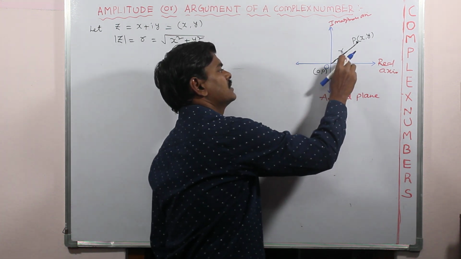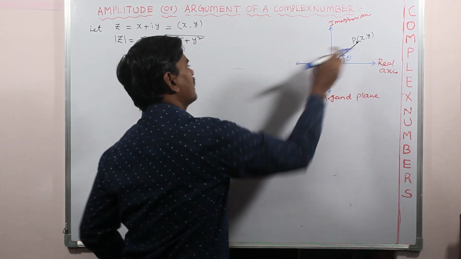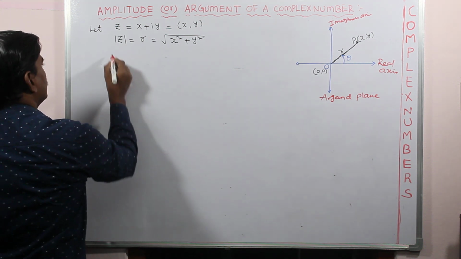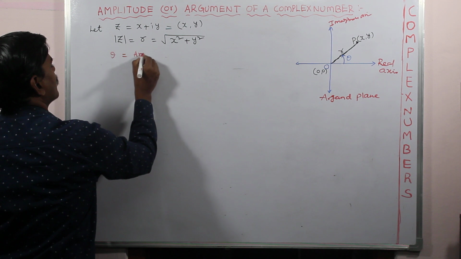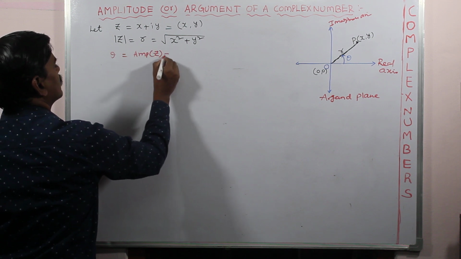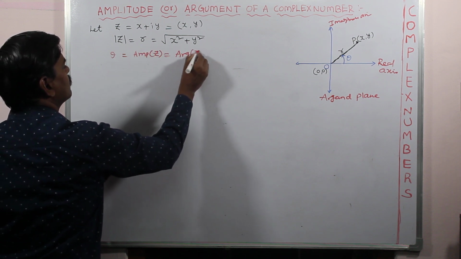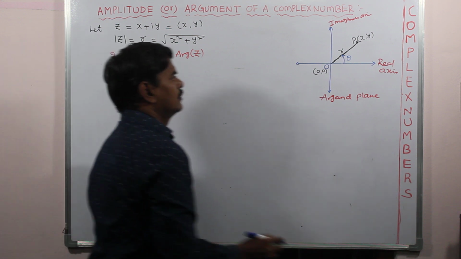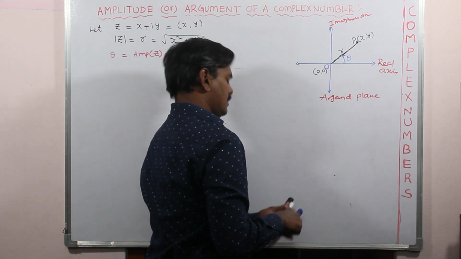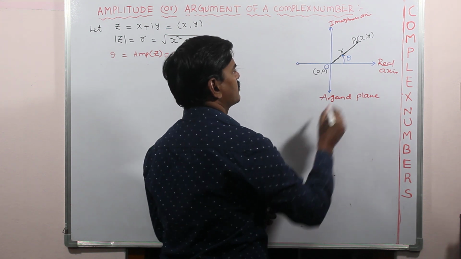So this is the angle theta here. Theta is nothing but amplitude of z, amp of z, or argument of z, simply denoted by arg of z.